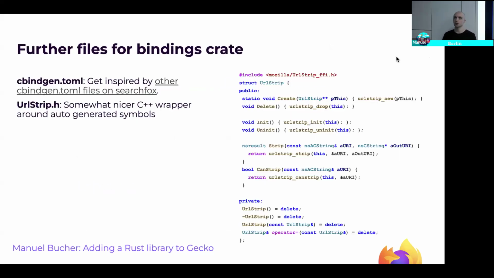And for the bindings crate, you need a few more files, such as the cbindgen.toml, and for this I suggest taking a look at other cbindgen.toml files within Gecko to get inspired. You also probably want to have some nicer C++ bindings which use, for example, a class.